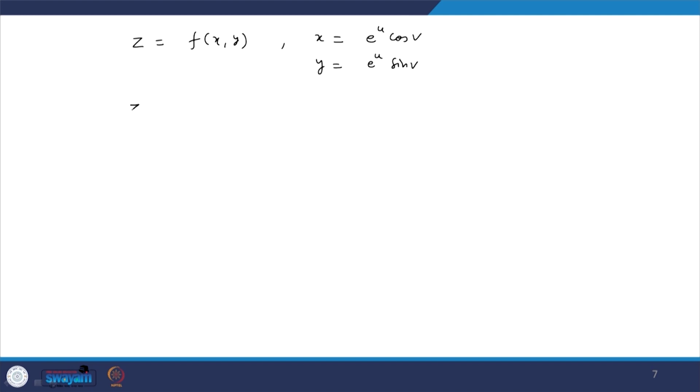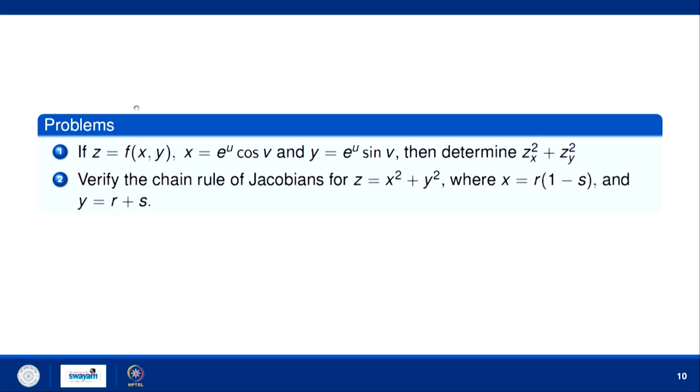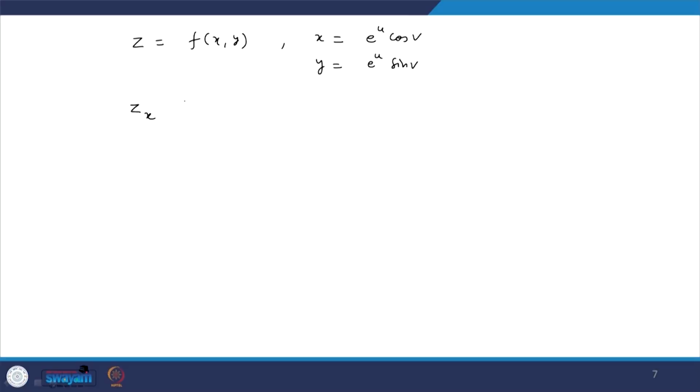Suppose you want to compute z_x. Similarly, we can find z_y also, and square and add, we will get the answer of this problem.